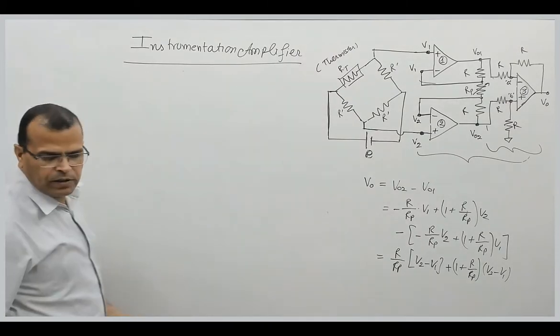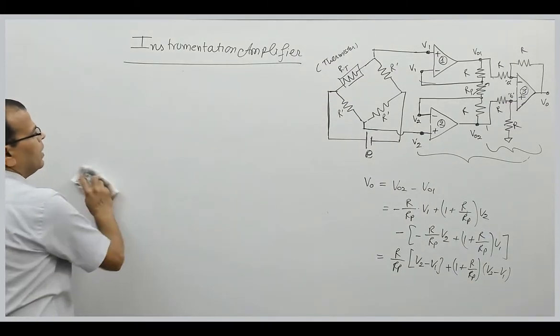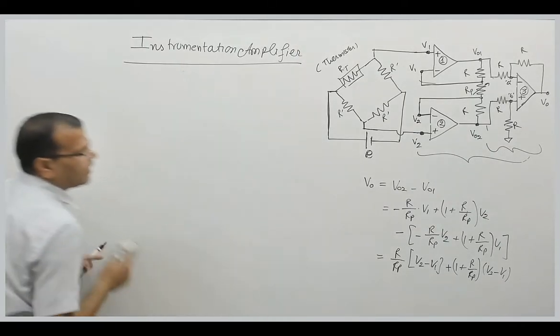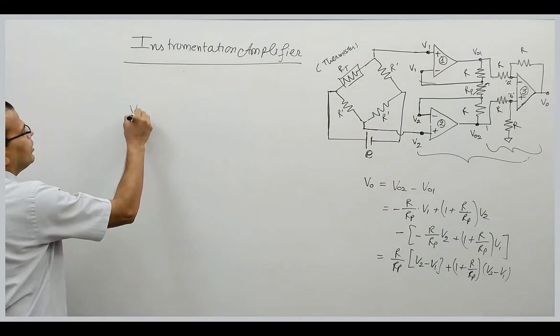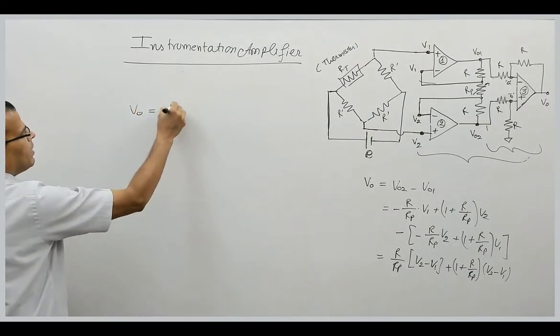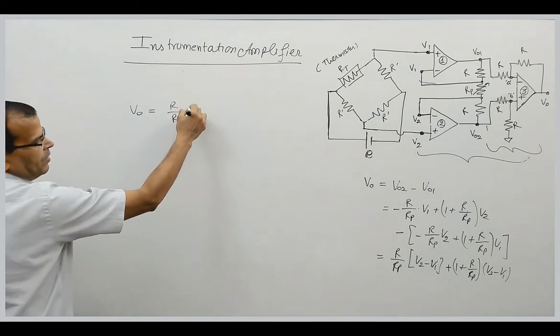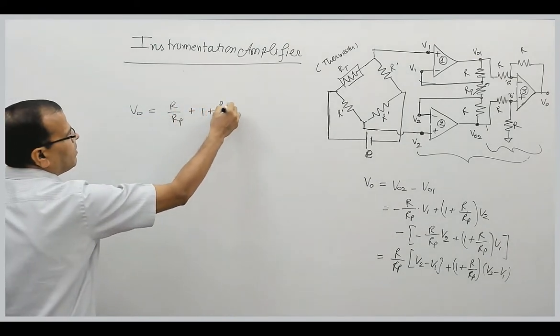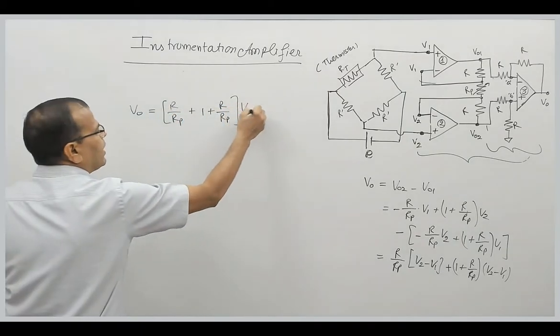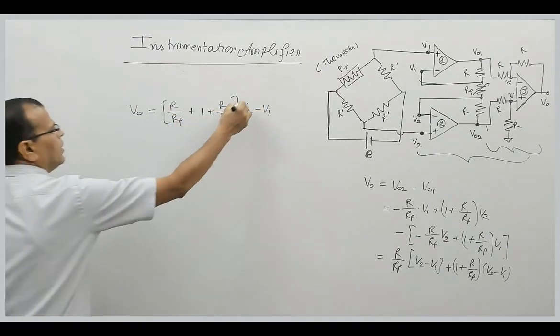You can simplify that equation further. The output of the circuit can be finally written like this: V naught equal to, please see it carefully, R by RP plus 1 plus R by RP into V2 minus V1, right?